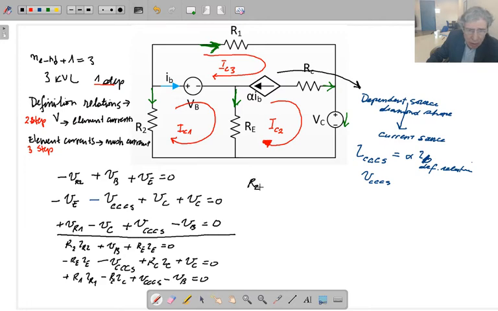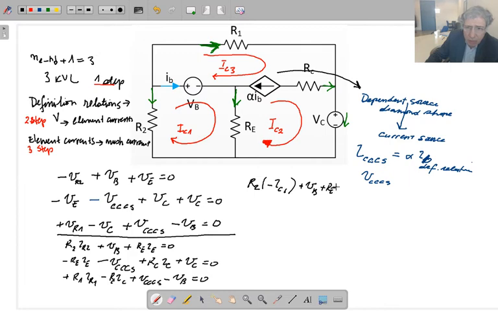RE, R2. R2 current is this, isn't it? ER2 is this. So there is only one mesh current passing through this element and the direction is opposite, so it's going to be minus IC1, plus VB.